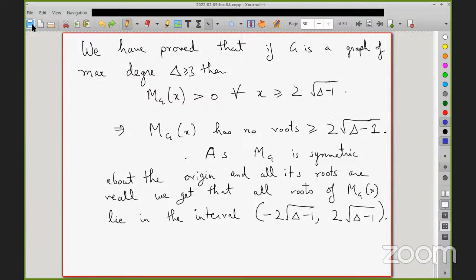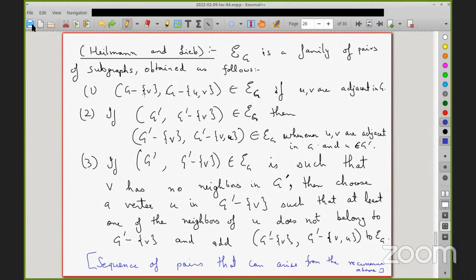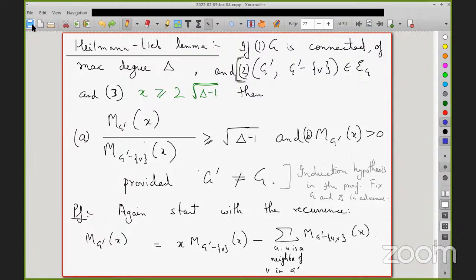The nice thing here is proving something more. It's not just proving nonzeroness, it's actually proving something about these ratios, so you have a stronger induction hypothesis.